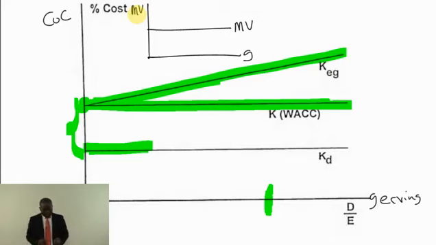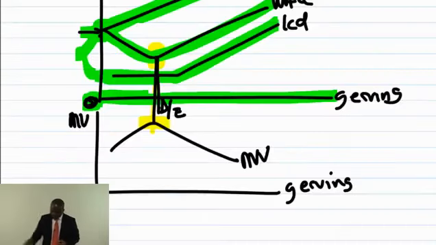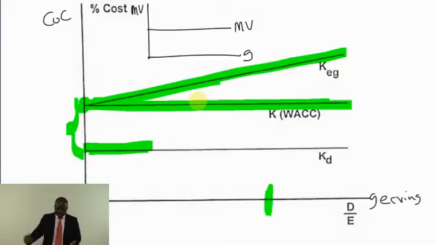So Miller and Modigliani came out with models. They came out with models, which are equations. They tried to form the equations for these lines. And those equations are what we have actually divided into three. We call them propositions. So according to Miller and Modigliani, proposition 1, which deals with market value.